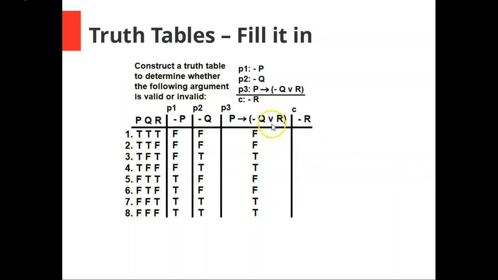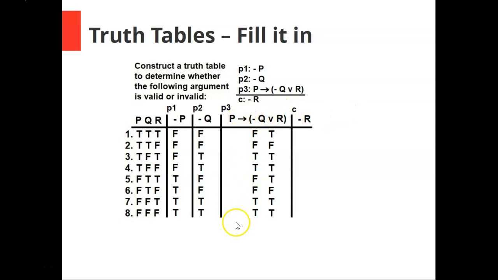Now the disjunction here, it's a disjunction of not Q and R. So you take the not Q column and R and you apply the rule. A disjunction is only false when both disjuncts are false. In this case, it looks like 2 and 6. Every other time, at least one of the disjuncts is true.